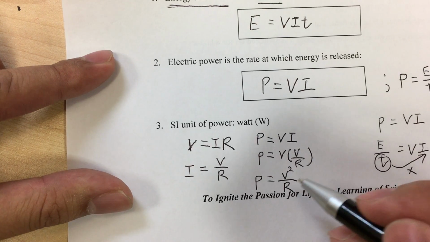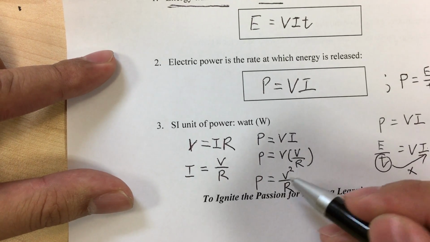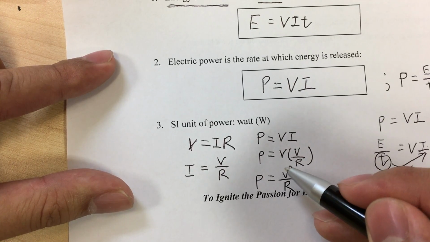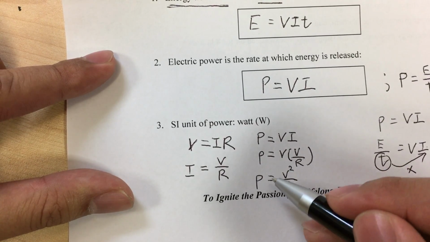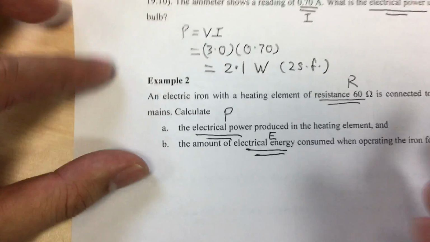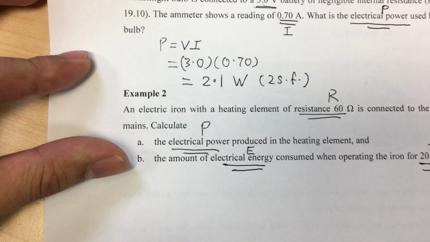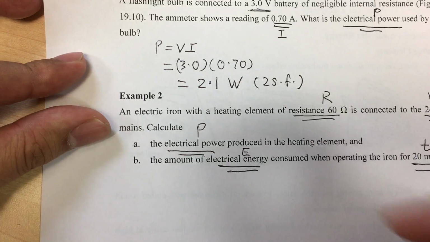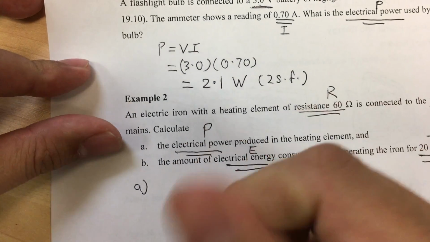So now we can use this formula. Why? Because we have the resistance here, we have the potential difference here, and this is our power, which is what the question has on this side. Power, resistance, potential difference. So let's answer part A already.